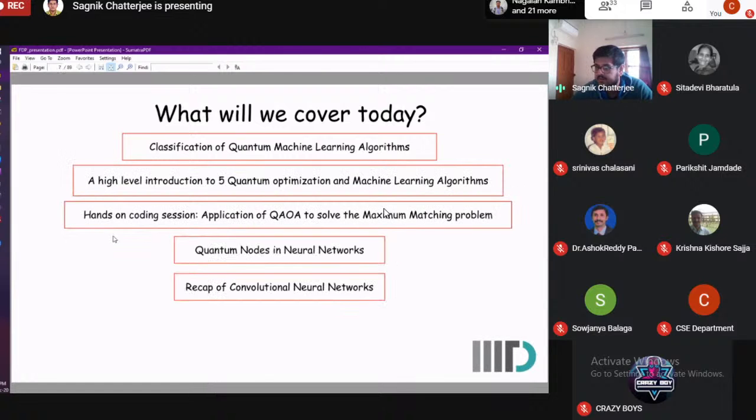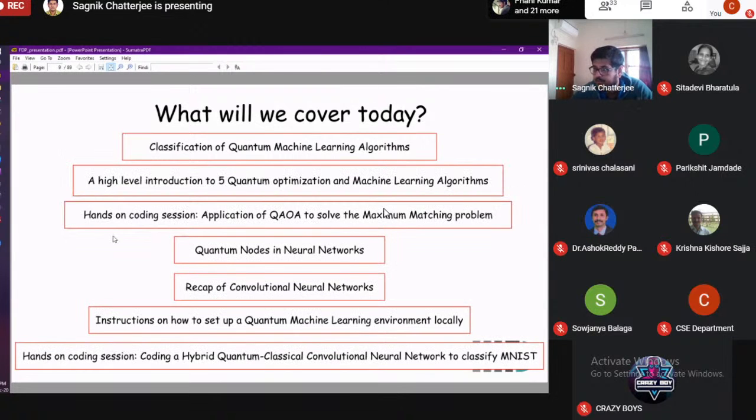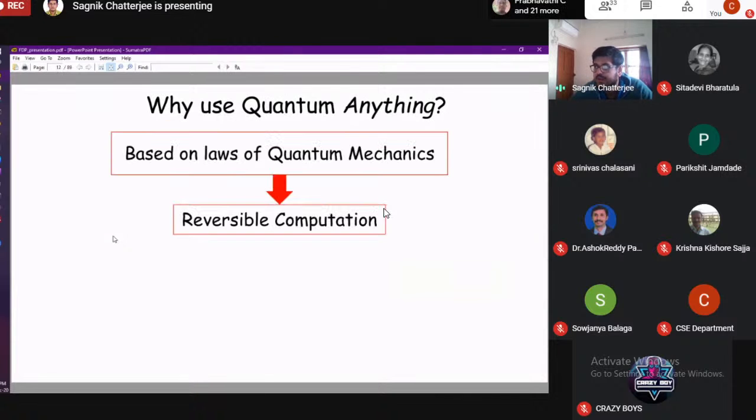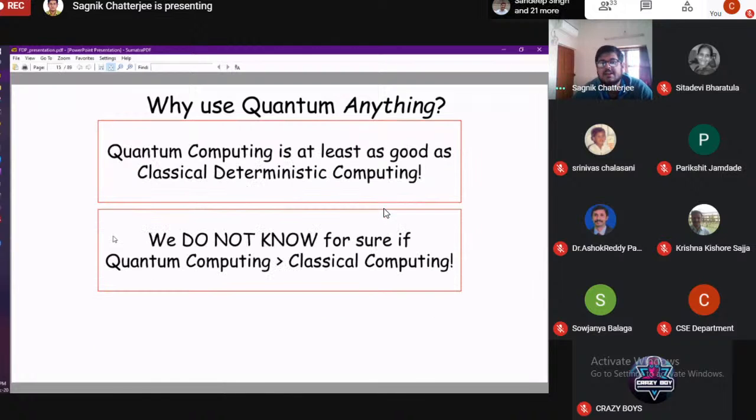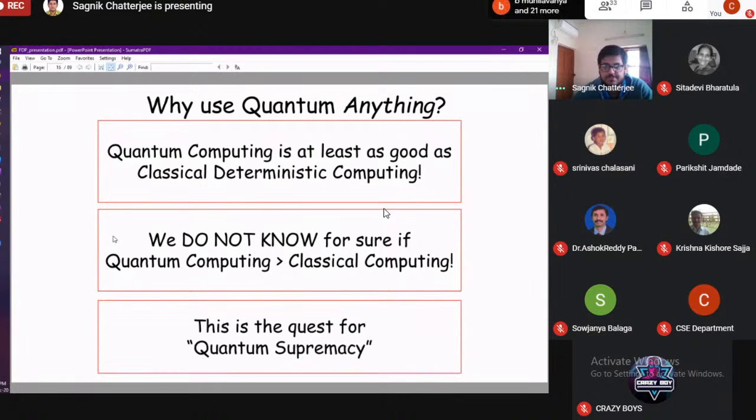So here we covered the session agenda. Why we use quantum computing? Theoretically, it is a theorem that any classical circuit can be efficiently converted into a quantum circuit, so quantum computing is at least as good as classical computing.